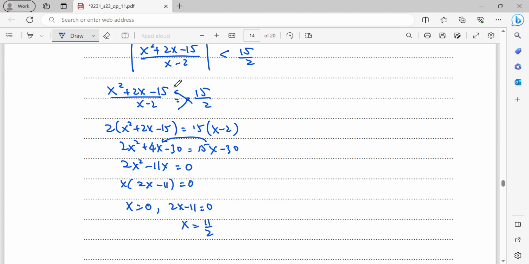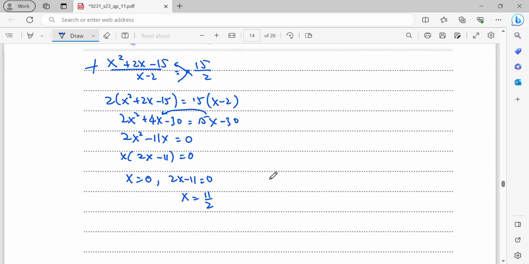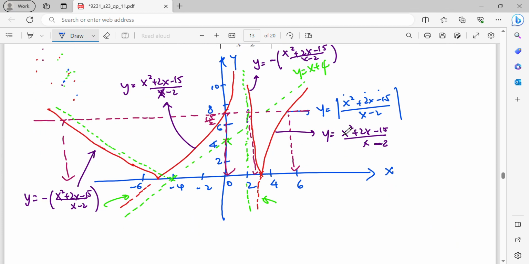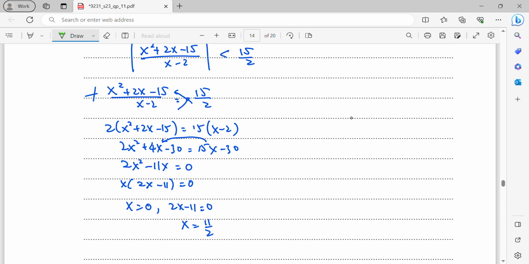So when it is the positive graph, I get 0 and 11/2, which means now I will label positive, this is 11/2. Okay, and 0. Then now I need to find another 2 points. So when negative, x squared plus 2x minus 15 over x minus 2 equals 15/2.